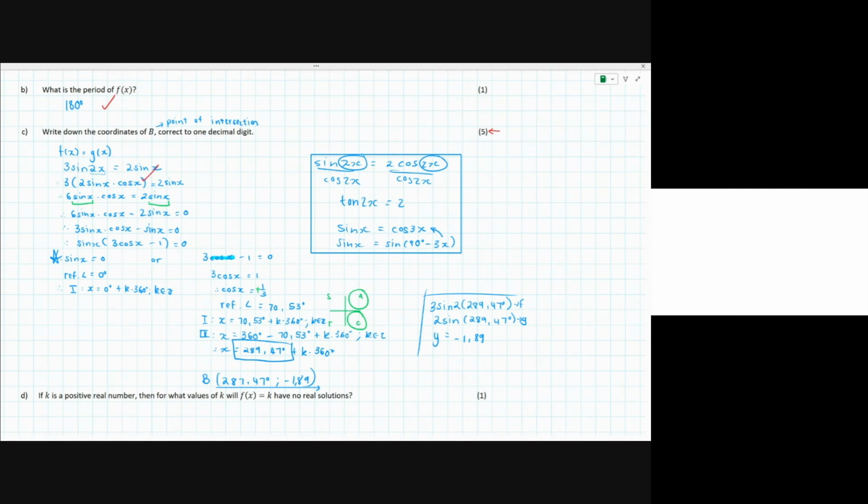Getting the double angle expansion and factorizing appropriately. Because this isn't a solution that really is relevant to us, there are no marks allocated for that, but you do get marks for isolating your cos ratio, getting your solution, and then substituting back to get your y. So those are your 5 marks that we're working with.